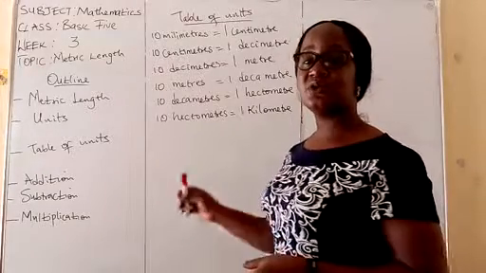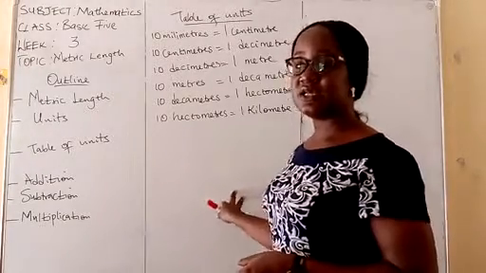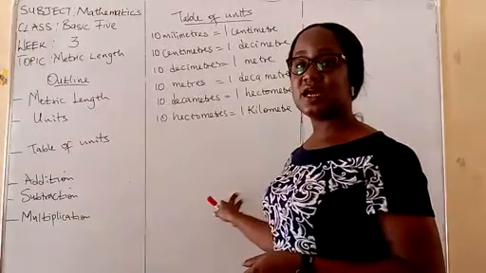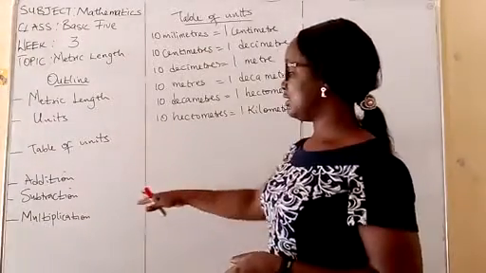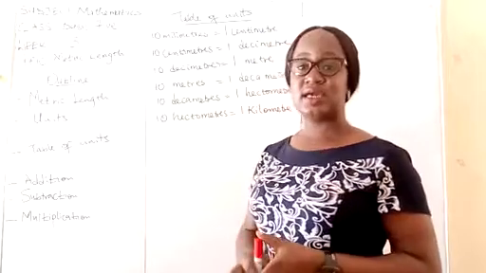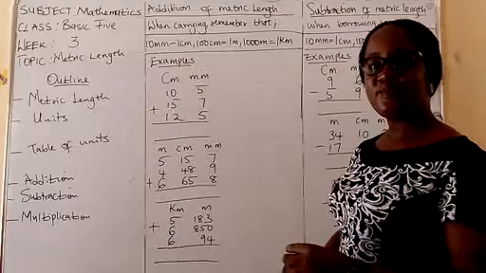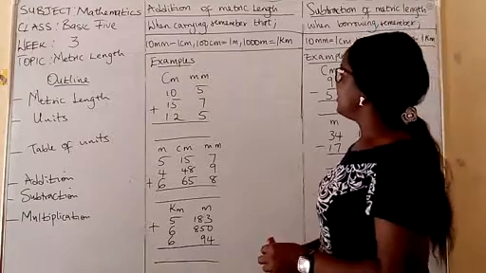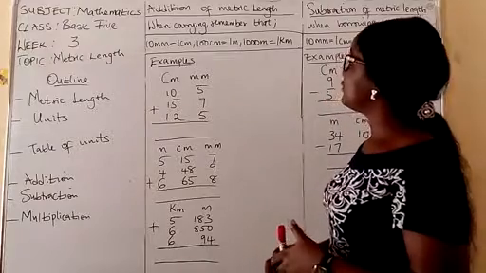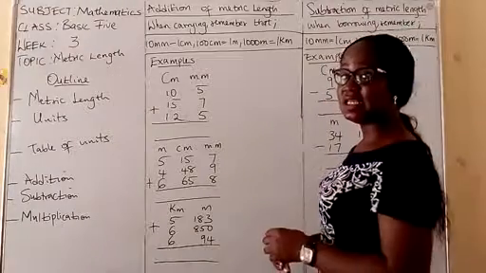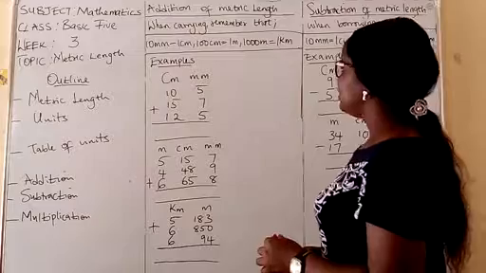So I'm going to write down some problems for us, and we're going to see how we solve for addition, subtraction, and multiplication. I have these 3 examples for addition of metric length.